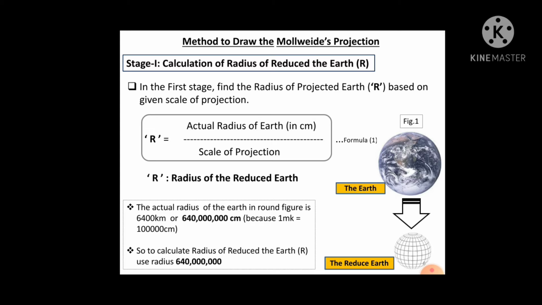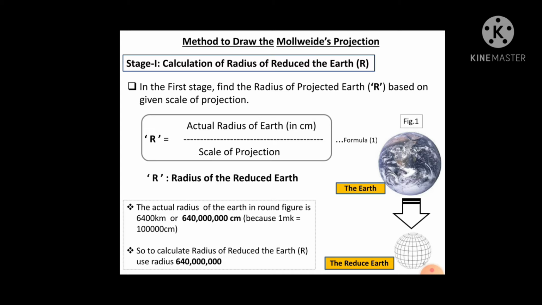Stage one, where you have to calculate the radius of the reduced Earth, that is the capital R, which is based on the given scale of the map projection, because the actual radius of the Earth is too large, approximately 6,400 kilometers, and that much radius is not possible to handle.